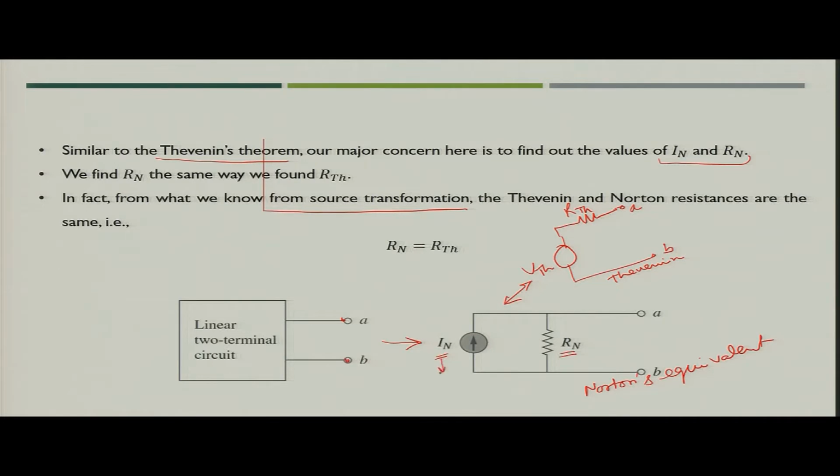So IN is VTH divided by RTH, in parallel with another resistance RN, which is RTH. So, using this source transformation technique, the Thevenin resistance is the Norton resistance.